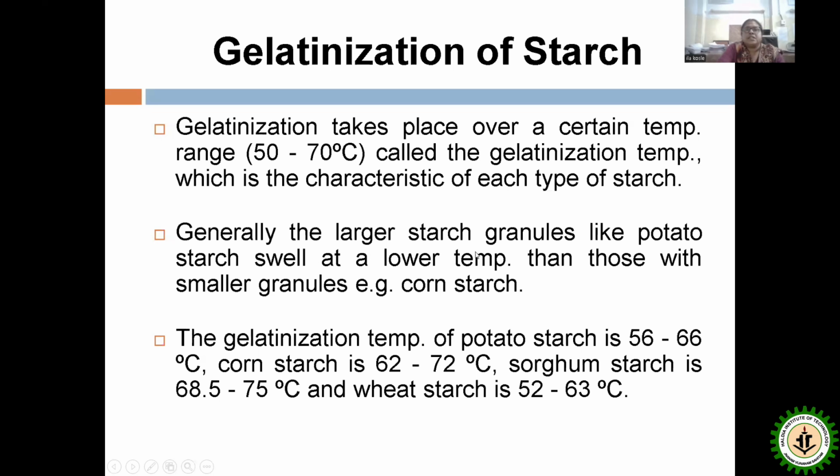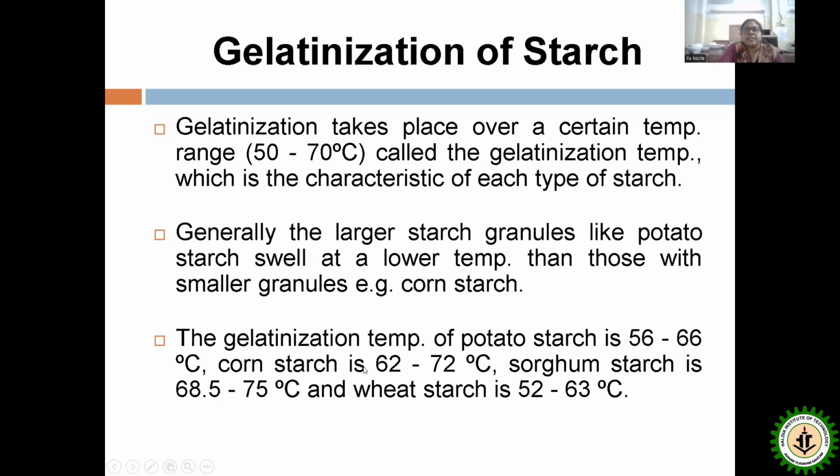Generally, larger starch granules like potato starch gelatinize at a lower temperature than those with smaller granules like corn starch. So potato starch will gelatinize at a lower temperature, while corn starch will gelatinize at a higher temperature.